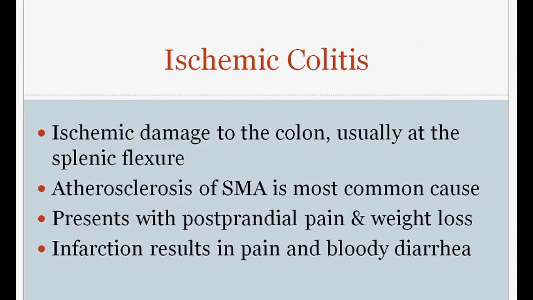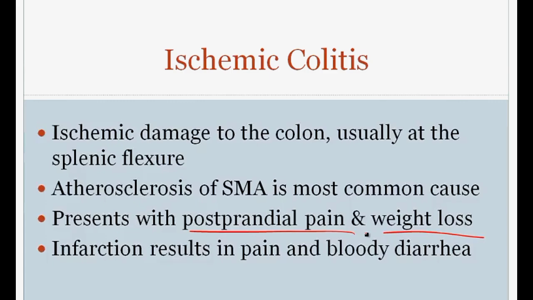Now, the way that this is going to present is with postprandial pain and weight loss. The idea is that when the patient eats, they increase the energy requirements of the gut. And so when you increase the energy requirements, that's the time that you're going to notice that the blood supply is not appropriate. And so they get postprandial pain. It's sort of like the way that a patient gets angina when they exercise or walk upstairs.